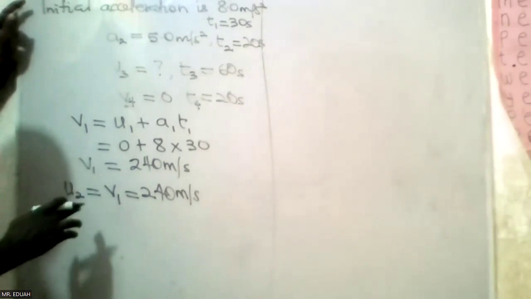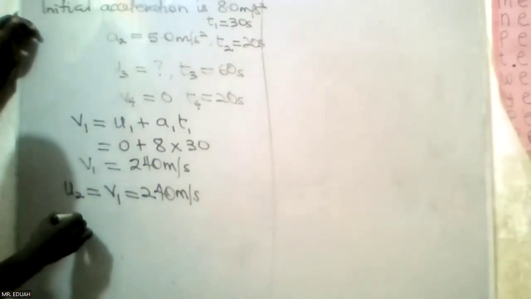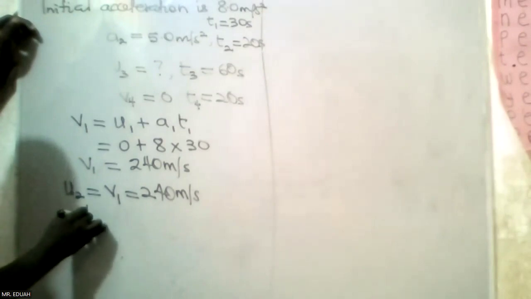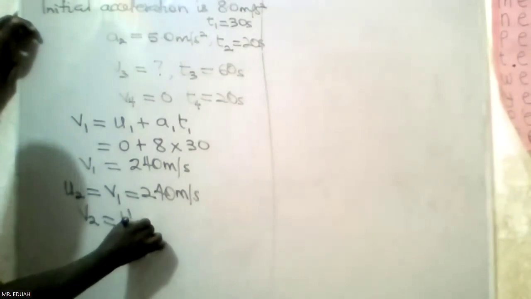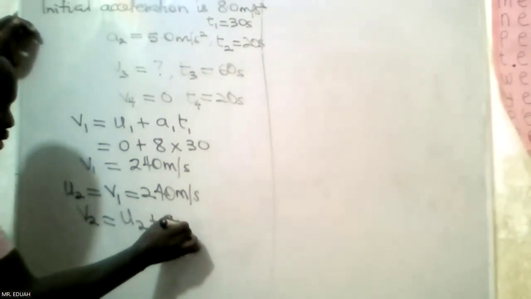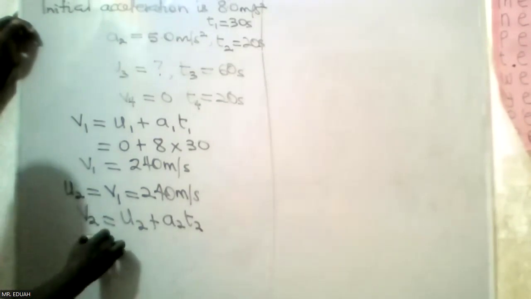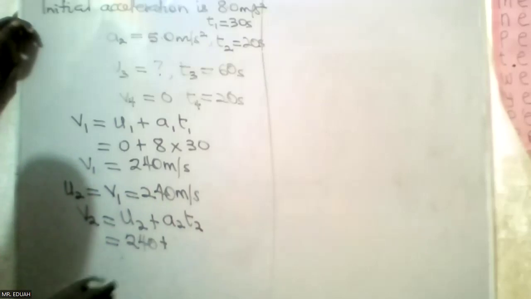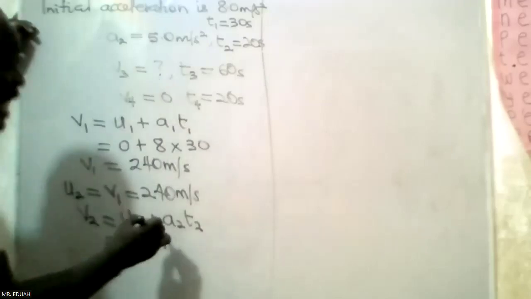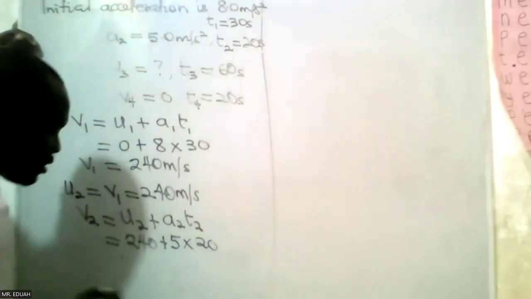So if the starting velocity for the second part is this, what will be the final velocity V2? V2 therefore becomes U2 plus A2 times T2. This will be equal to 240 plus an acceleration of 5 times a time interval of 20.